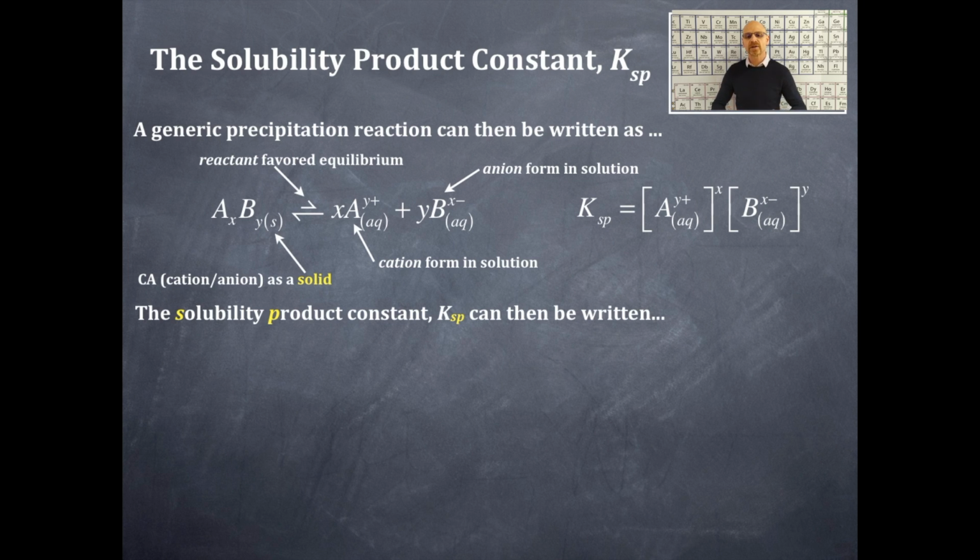In the first set of brackets, we have A^y+, which tells you the charge on the cation A. It's aqueous, and it's to the x power because that was the stoichiometric coefficient. Then B^x- in the brackets, that is the anion, also aqueous, to the power of y, which is the stoichiometric coefficient for B.